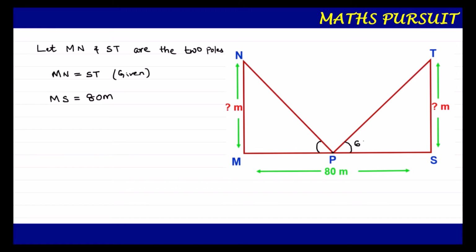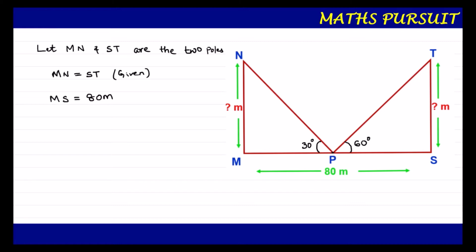So looking at the diagram, we can say that angle MPN is equal to 30 degree and angle SPT is equal to 60 degree. This is what is given in the question.